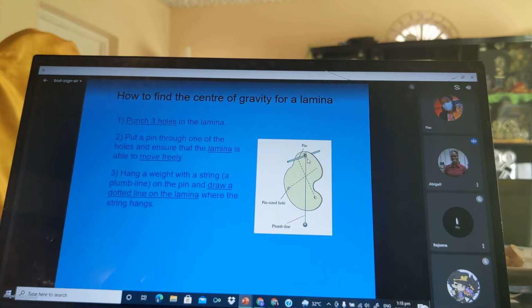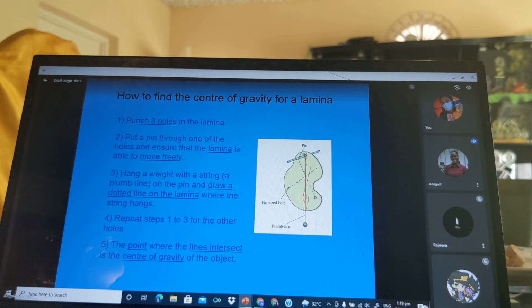So right here you would draw your dotted line, where the string hangs. And then you repeat that for each of the holes. I can't draw a straight line to kill myself. You do the same for all 3 holes. Where the lines intersect will be the center of gravity of the object.